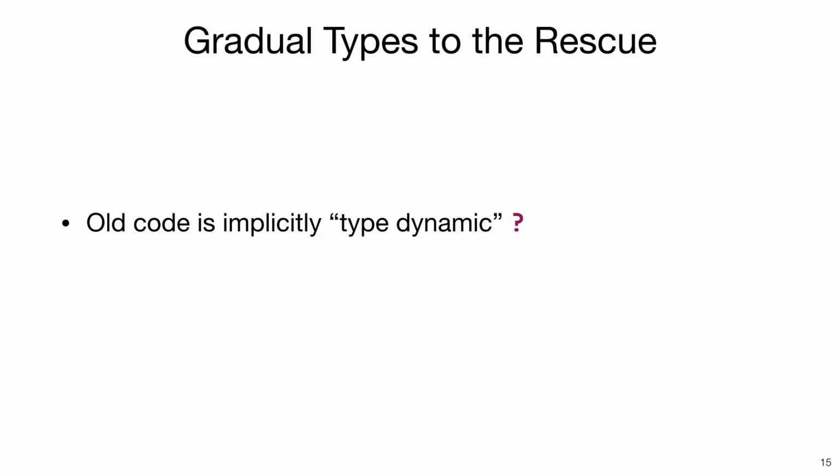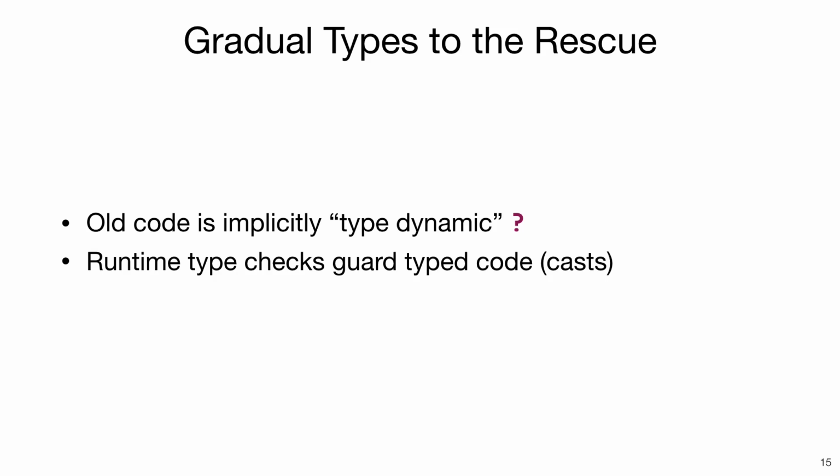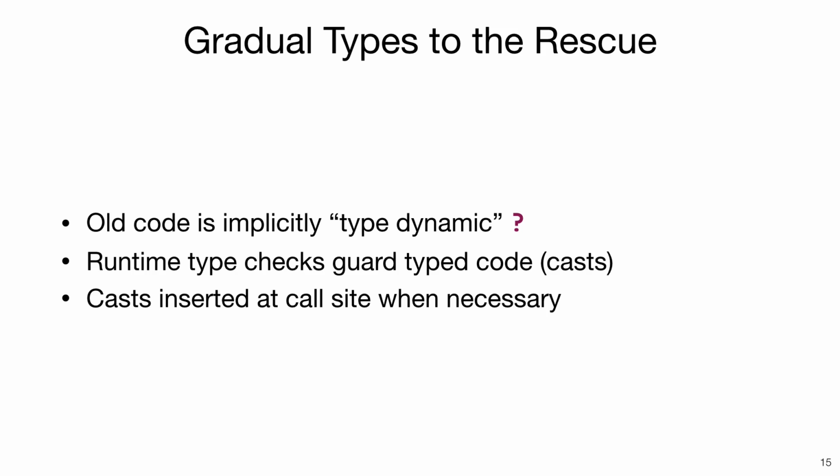The old code is implicitly given the type dynamic, written as a question mark, to keep backward compatible. We can slowly add types for a simple migration path, and the way this works is that we add runtime type checks, casts, to guard typed code. When the statically typed strategy or rule is applied to dynamically typed data, we insert a cast.